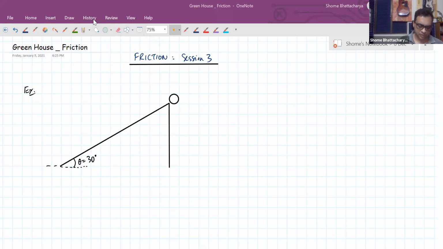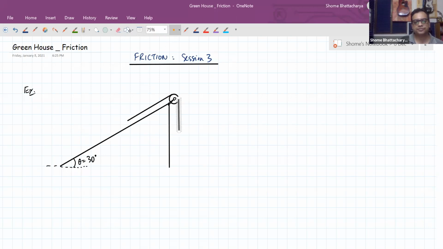Right, so we have this system now, but the only difference is this will be a rough surface now.